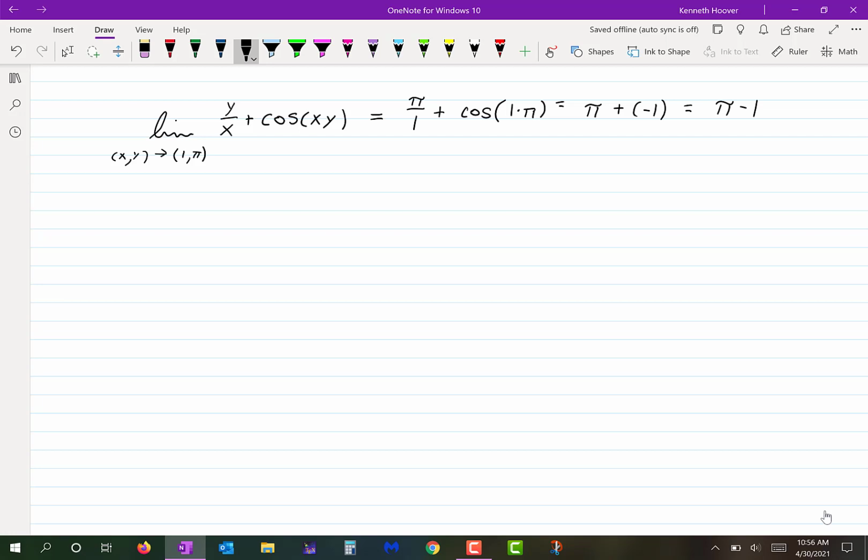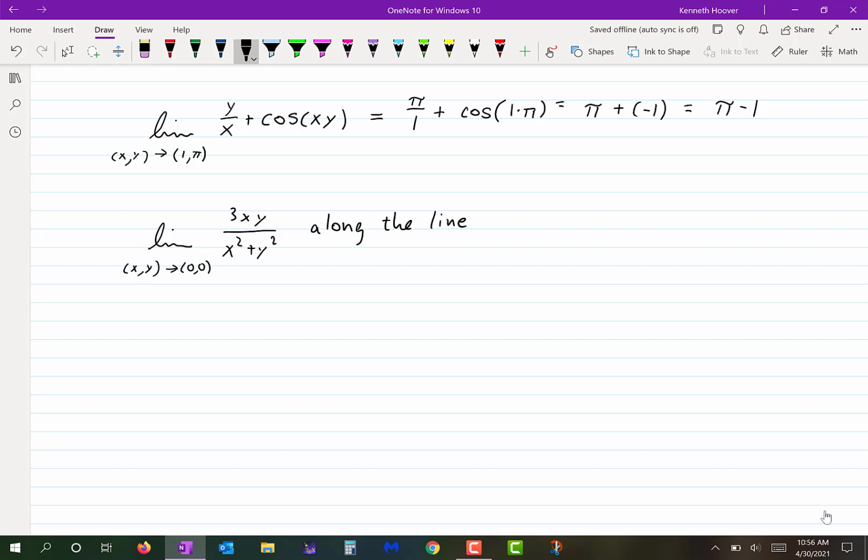Okay, let's try now. Let's find the limit of 3xy over x squared plus y squared as xy approaches the origin along the line.